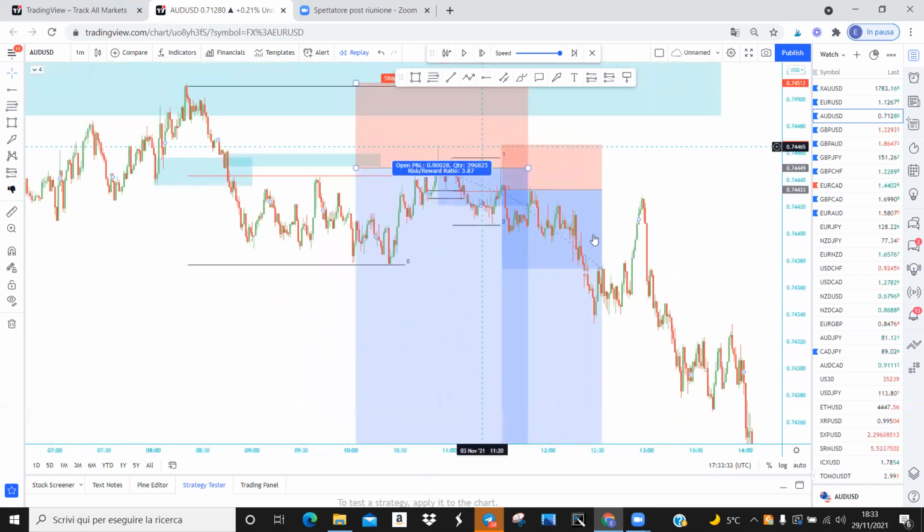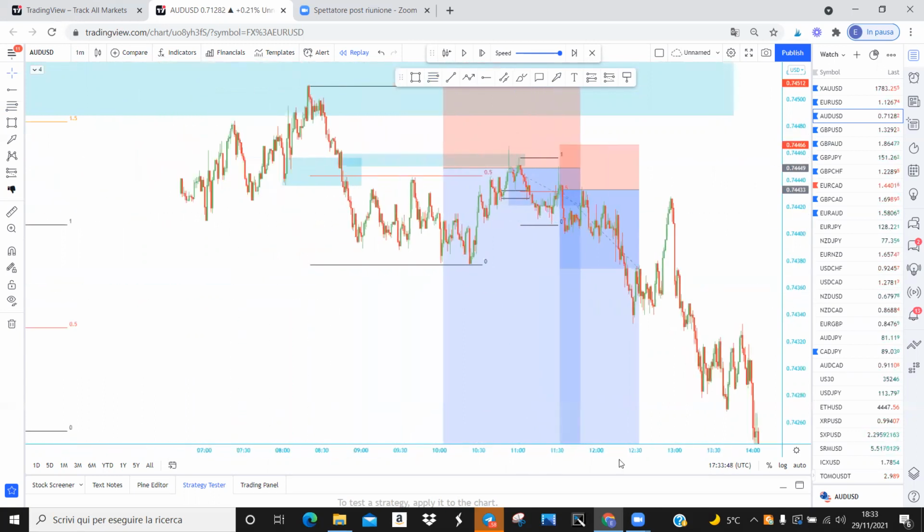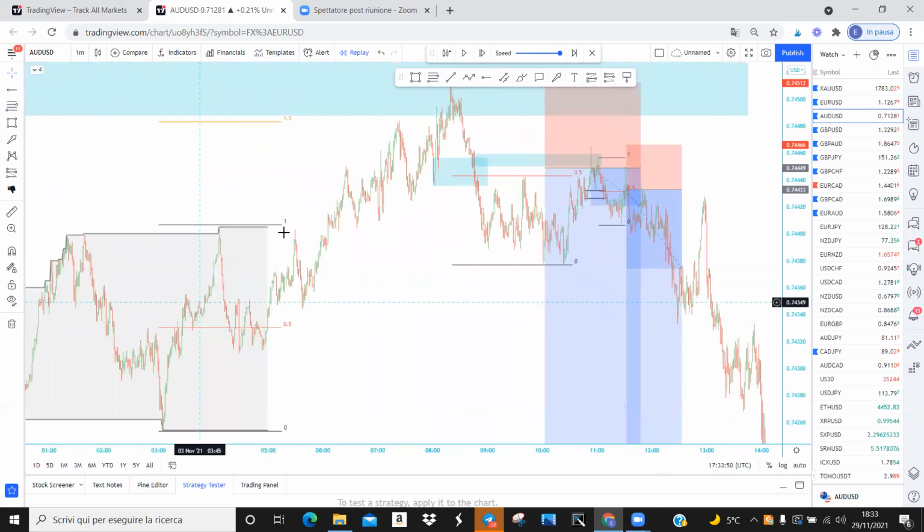Anyway, just a quick explanation for the entries, but as you can see, we basically looked for the same exact things here on the 5 minutes, and here on the 1 minute after we had confirmation that the 5 minutes was playing out, okay?